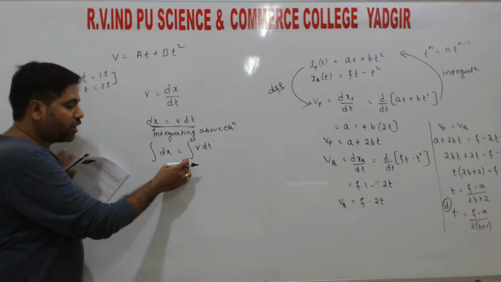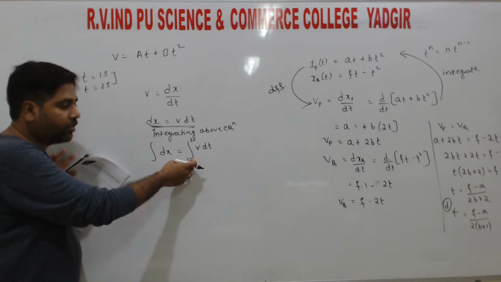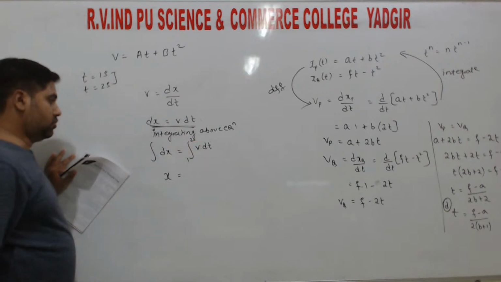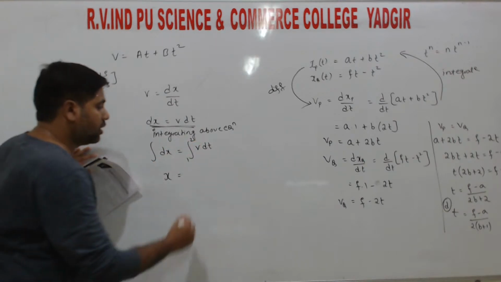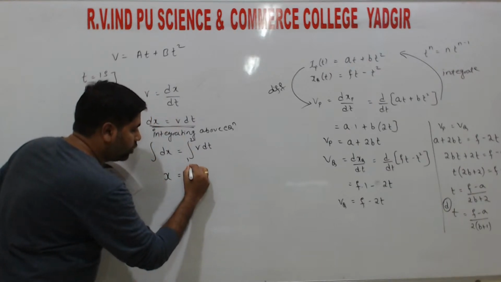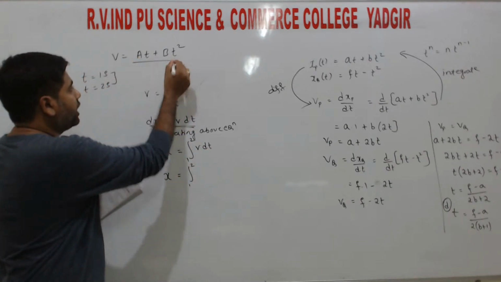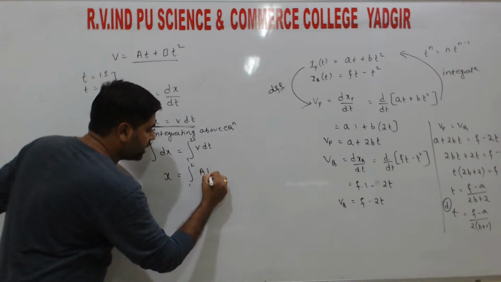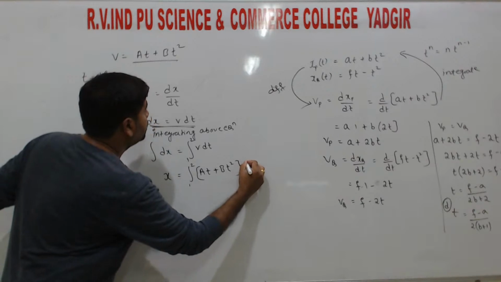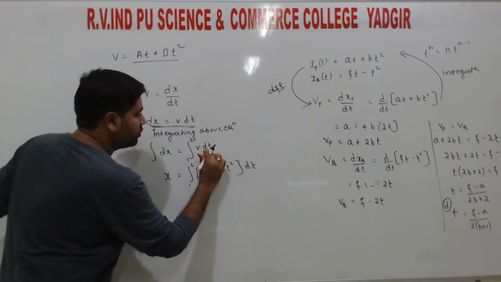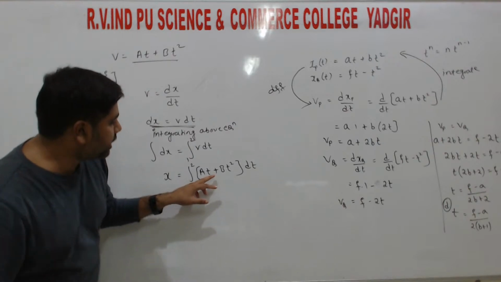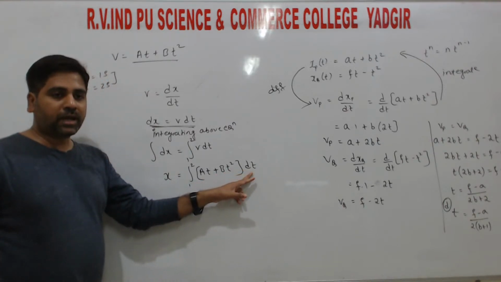We call 1 the initial or starting limit, and 2 the end limit or final limit. So limiting from 1 to 2, we have v, that is at plus bt square, into dt. Here we are integrating with respect to time.